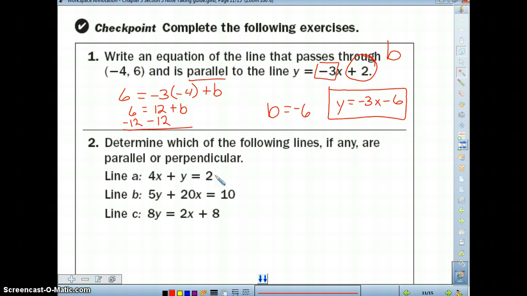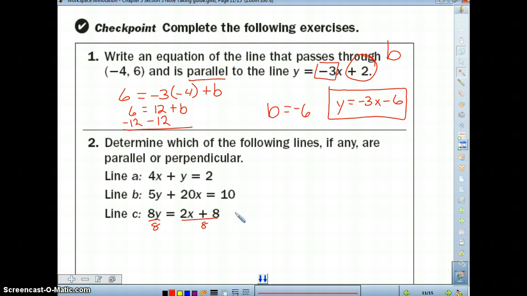Okay? So right here, we're going to determine which of the following lines, if any, are parallel or perpendicular. Well, it looks like line C is the closest to being in true y equals mx plus b format. The only thing I have to do is divide both sides by 8.